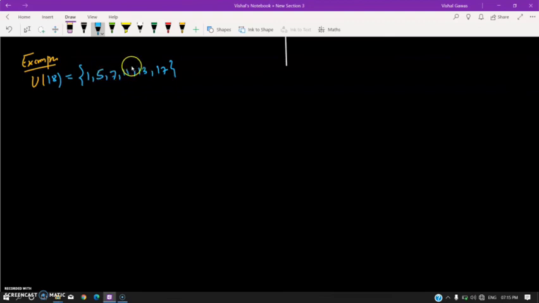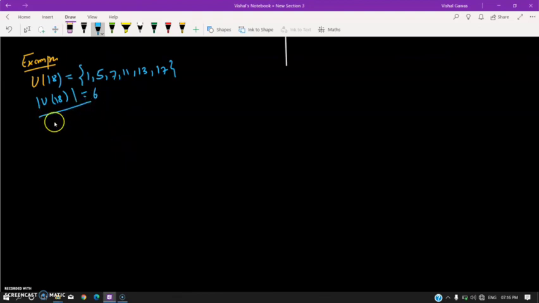I want to look at what are the generators of U18. First of all, if I get one generator, I can identify all the generators. To find one generator, I will have to dirty my hands.